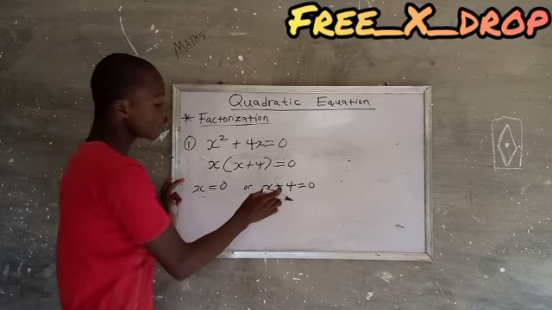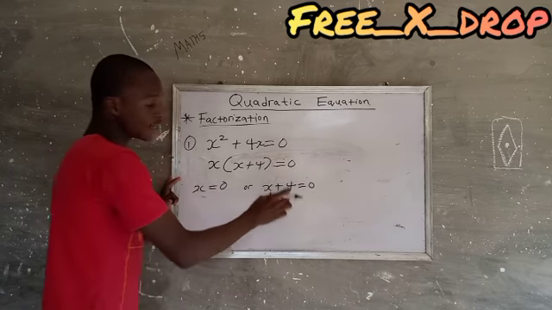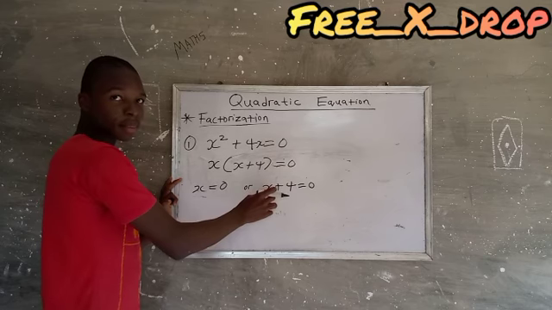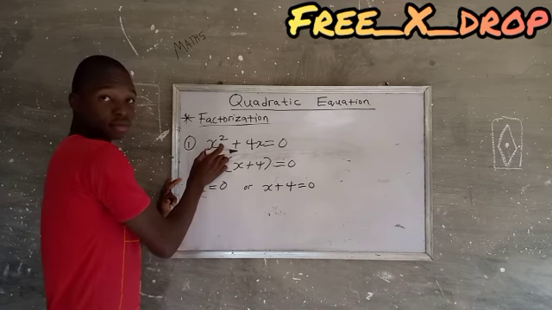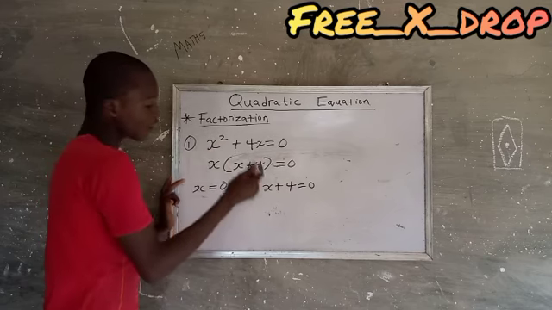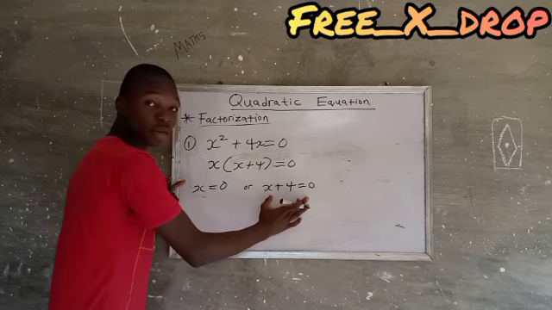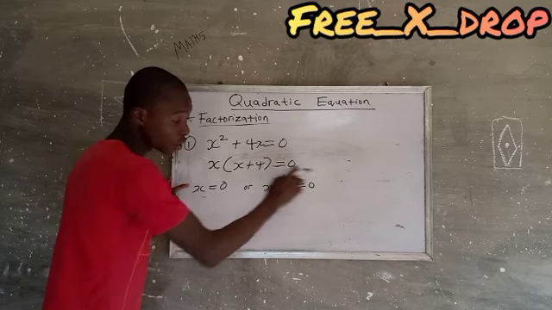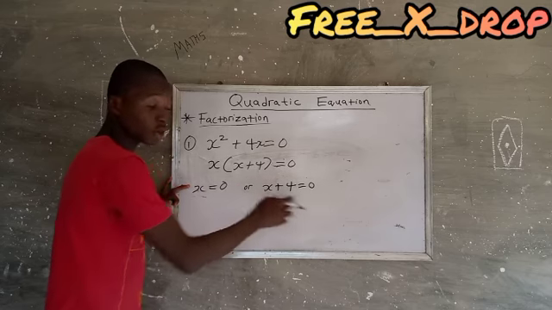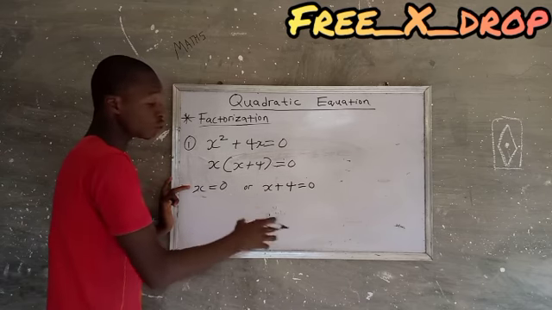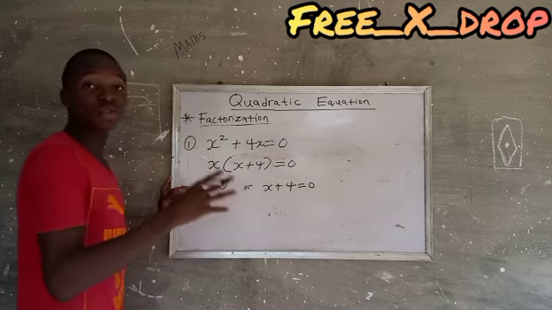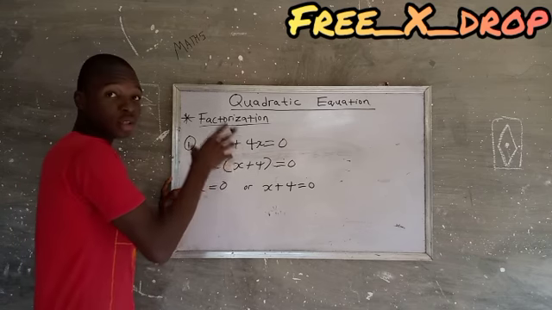Now for your second answer, you see x plus 4 equal to 0, and they said find x. Our aim is to find x in this question. I taught you in collection of like terms that this here is a simple equation. If you don't know simple equation, I advise you to watch that, because you will need the knowledge in solving quadratic equation.